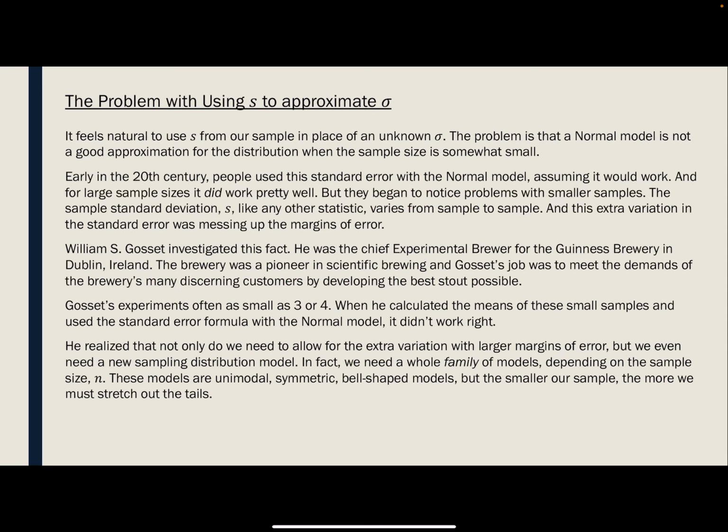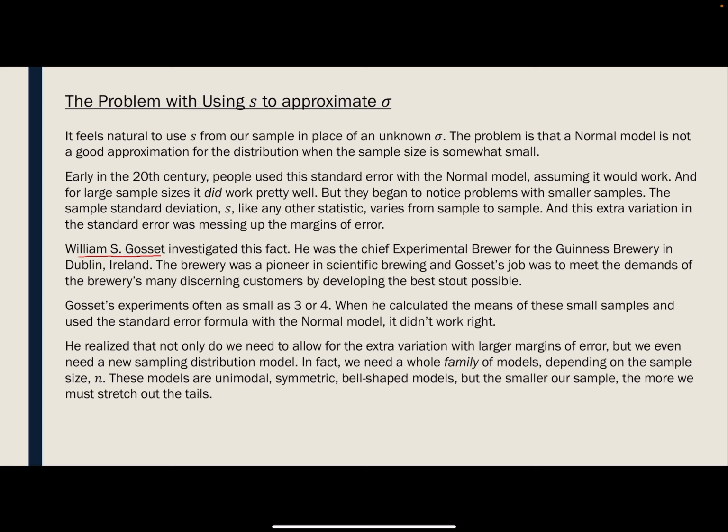So up until about the early 20th century, people were using the sample standard deviation to calculate the standard error, and they were just using the normal model. But some people started to realize that it wasn't working for smaller sample sizes. So I'm trying to make this long story kind of short. This guy named William Gossett was actually a brewer for Guinness in Ireland, and he did a lot of experiments in making the beer consistent, right?